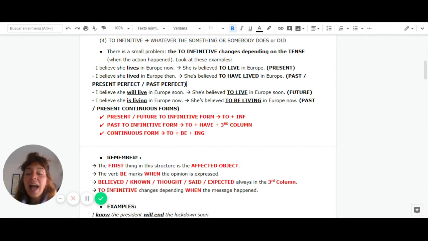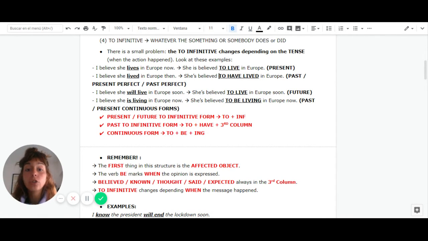Second example. I believe, in the present, she lived in Europe then. Pasado. Entonces, believe estaba en el presente, pongo is en el presente y la tercera columna de believed. Pero la acción más importante estaba en el pasado.